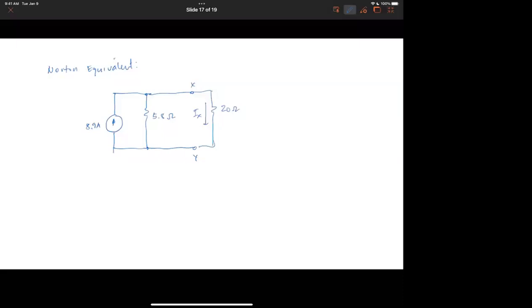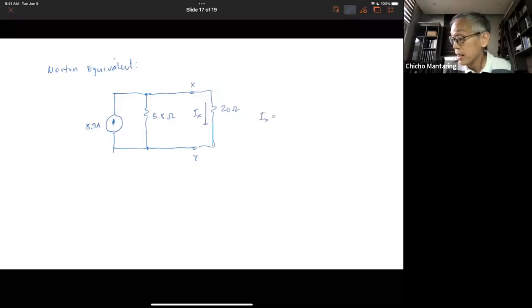Current divider, sir. Yeah. Now you have a current divider. So I of X is equal to 8.9 multiplied by 5.8 divided by 25.8. No? And this should give you 2 amperes. The same answer as when we had used Thevenin's equivalent.